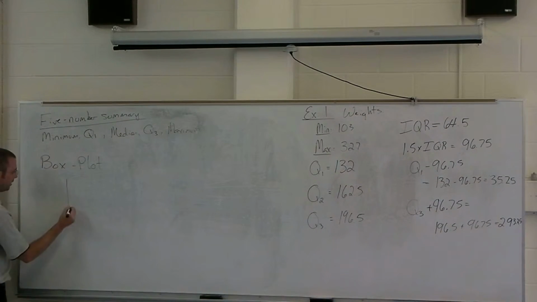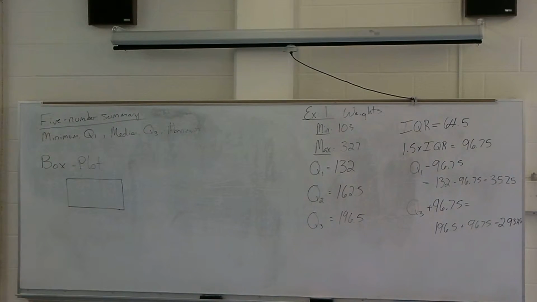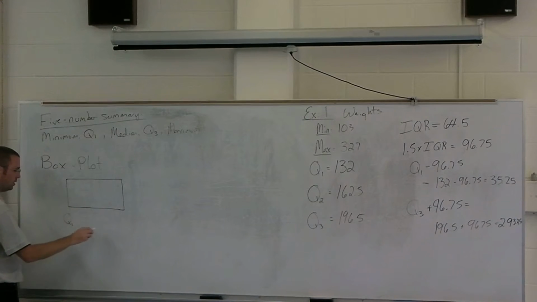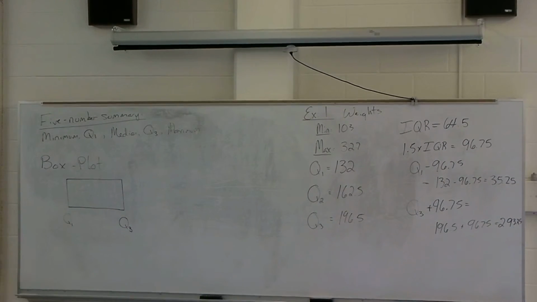Okay? And in terms of the picture, what you do is you start with a box. All right? Start with your box. The endpoints of your box represent Q1 and Q3 respectively. So the 2 vertical lines in your box are the first quartile and the third quartile.